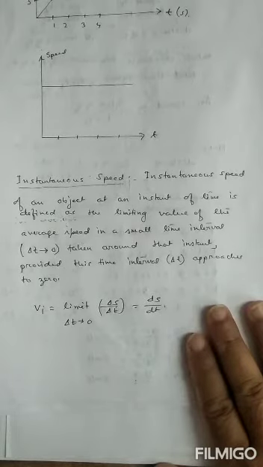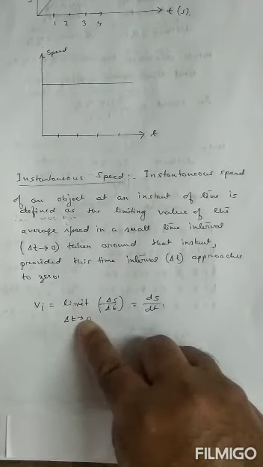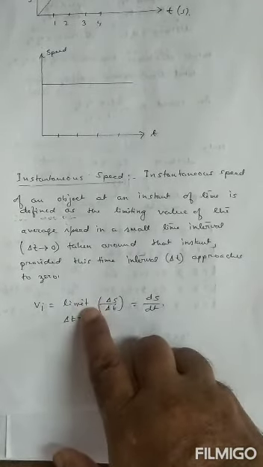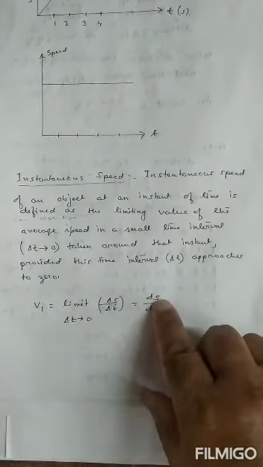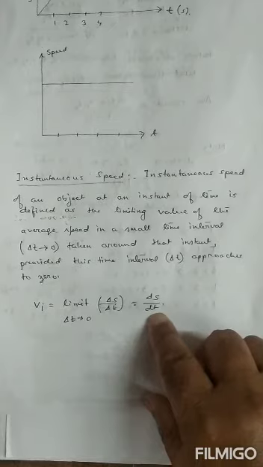So can you measure that interval? That interval is called delta t tends to 0. So under that situation, the speed of the body is called instantaneous speed. And this is the mathematical symbol ds by dt. It is called differential coefficient with respect to time or derivative with respect to time.